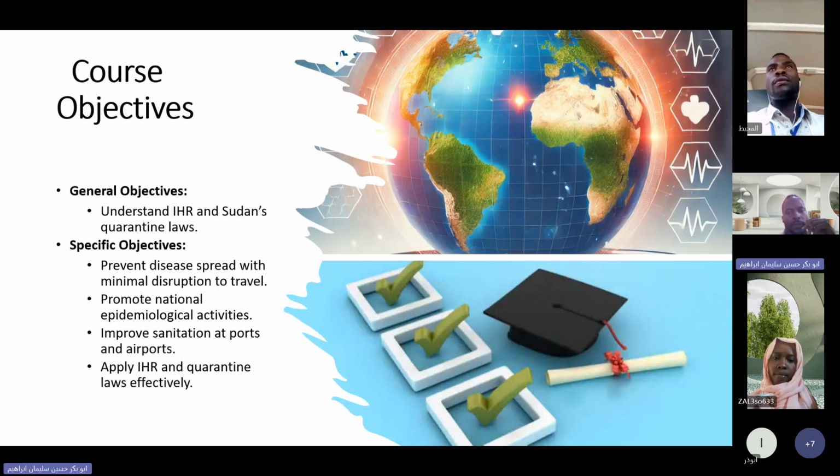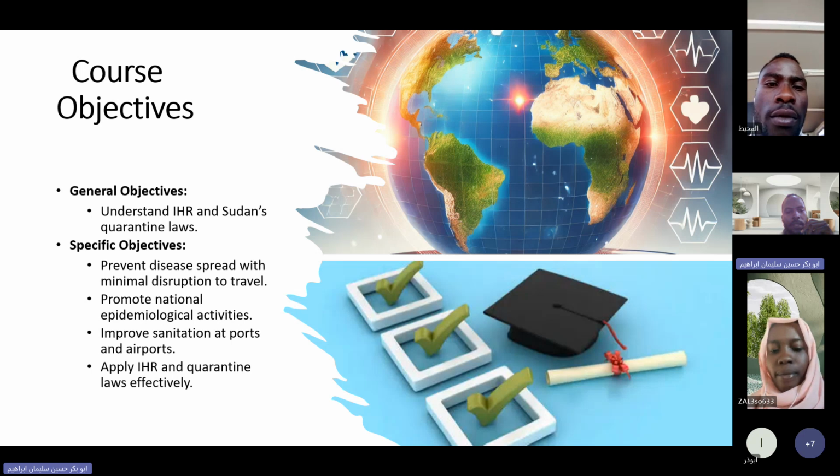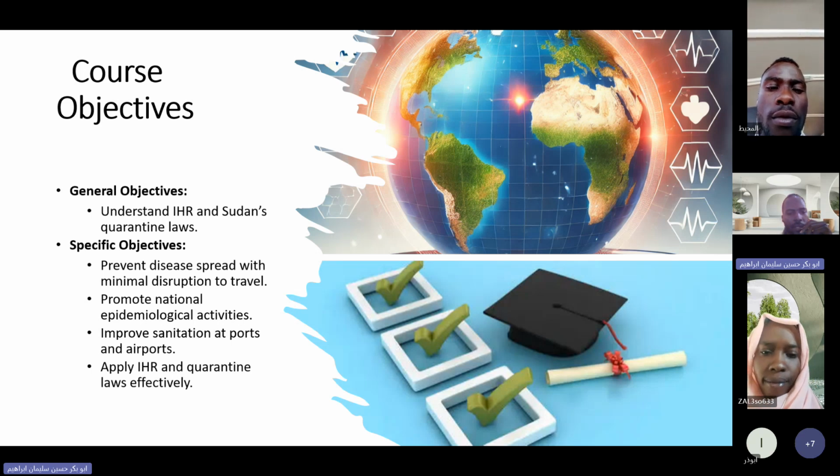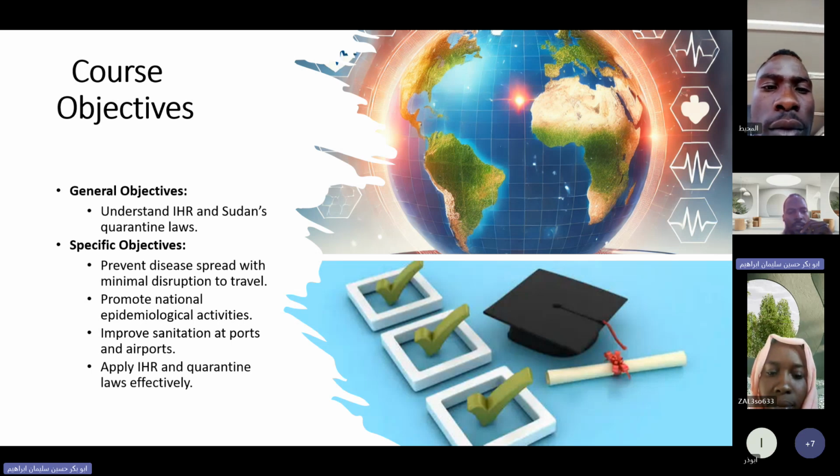The general objective of this course is to understand international health regulation and the Sudan quarantine law. The specific objectives are to prevent the spread of disease with minimal disruption to travel, also to promote national epidemiological activities and improve sanitation at ports and airports.